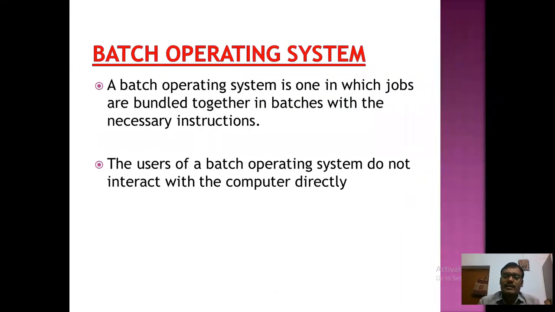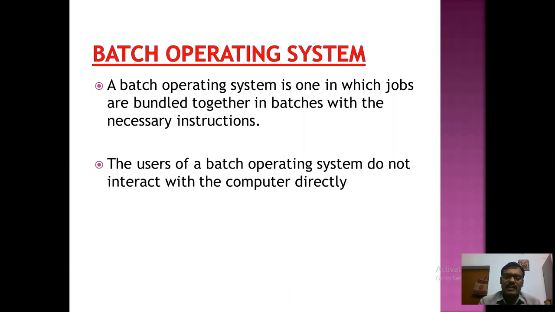A batch operating system is one in which jobs are bundled together in batches with the necessary instructions. These types of operating systems are used in factories or industries where many different jobs are bundled together.